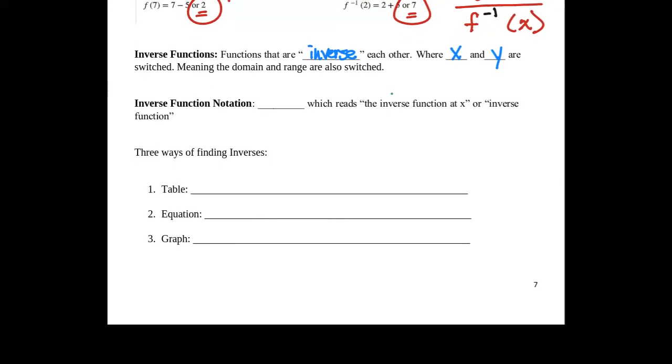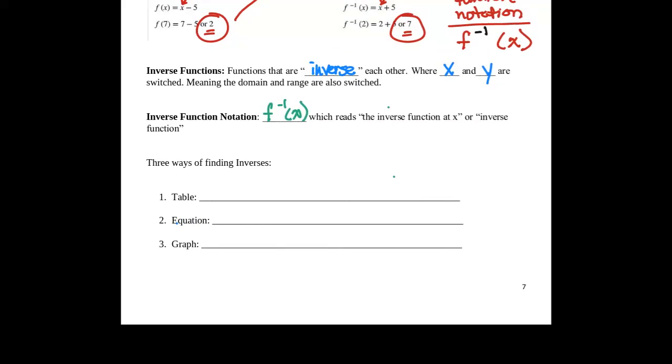Okay? Inverse function notation. I guess I could have put that right there. So this is f to the -1 of x, which is the inverse function of x. It says at x, but usually we say of x.